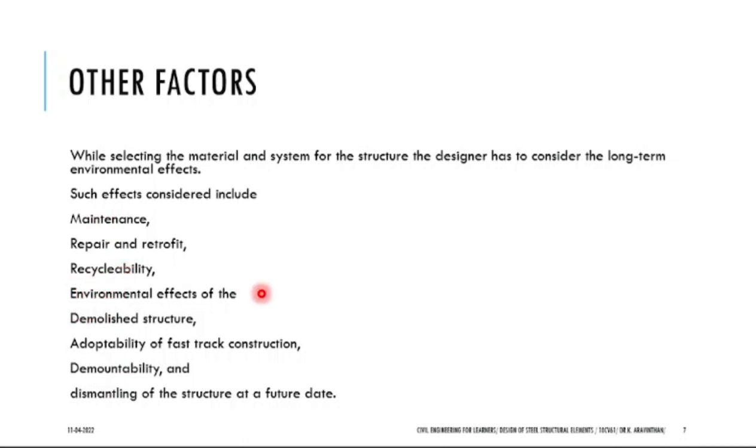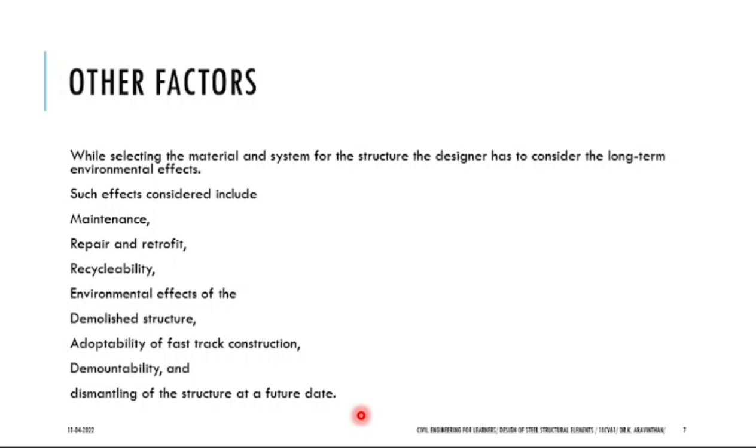Environmental effect of the demolished structure, adaptability of fast construction, demountability and dismantling of the structure for a future date. So, not only is a designer thinking of safety, he is thinking of serviceability, and the other factors are how to recycle your waste, what material you choose.